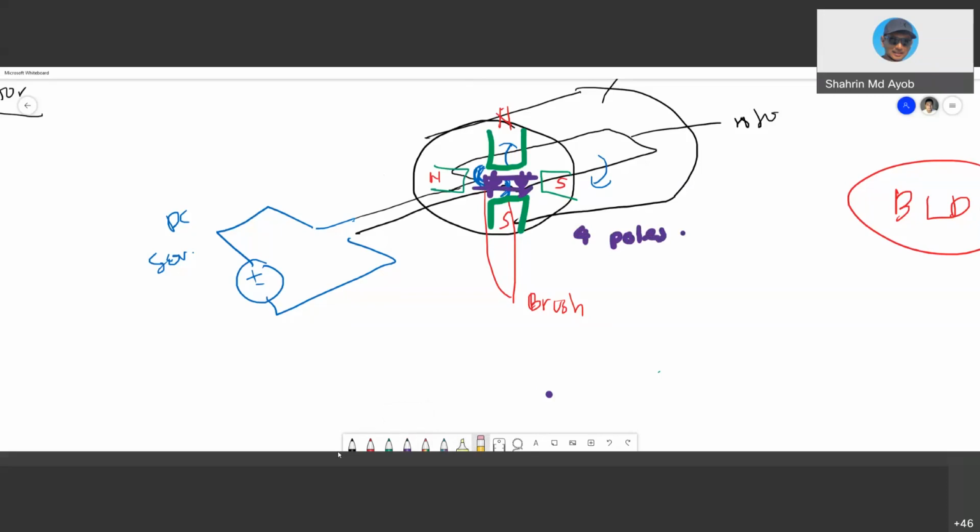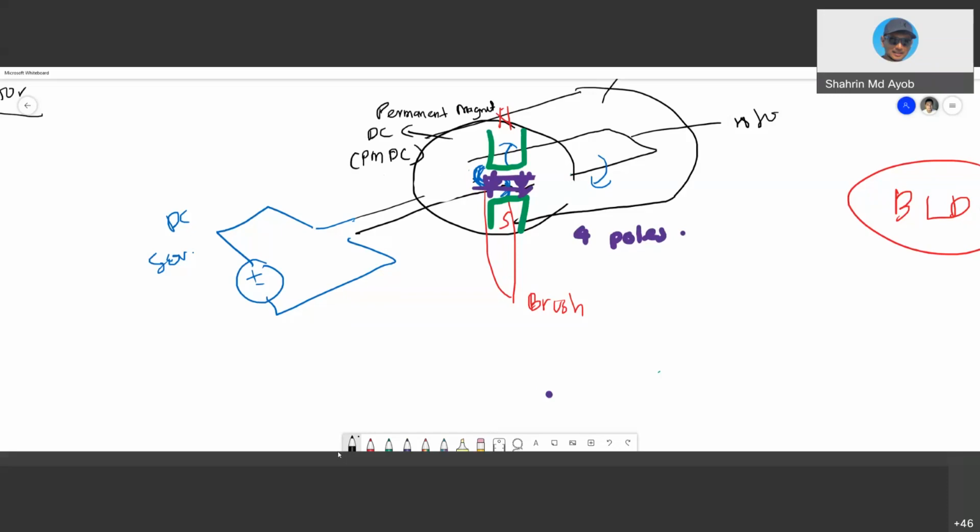To produce this magnet, we can make the stator a permanent magnet. The stator itself is the permanent magnet, so that is why we have the permanent magnet DC motor, PMDC motor. It is very heavy because the magnet itself is very heavy.